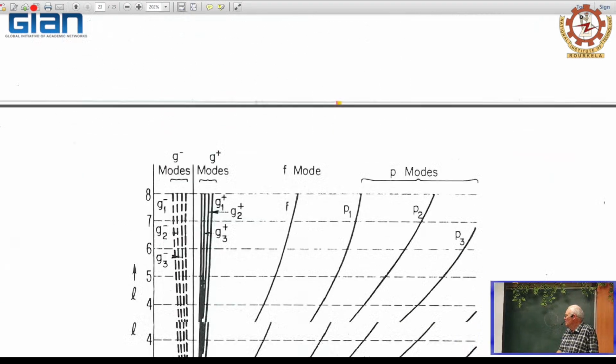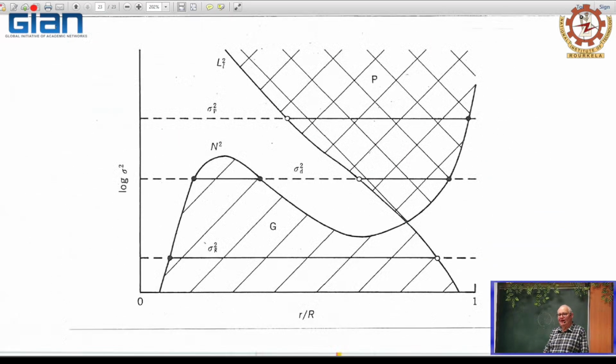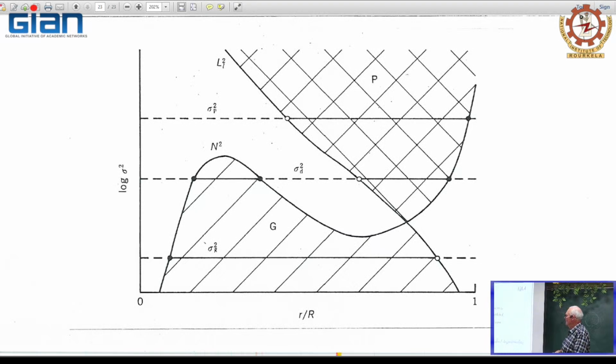Okay, so we have now finished with the adiabatic stuff, and we go on. The natural next chapter then would be dealing with linear non-adiabatic treatment of stellar perturbations. Okay, so I would need then the next file, non-adiabatic analysis.